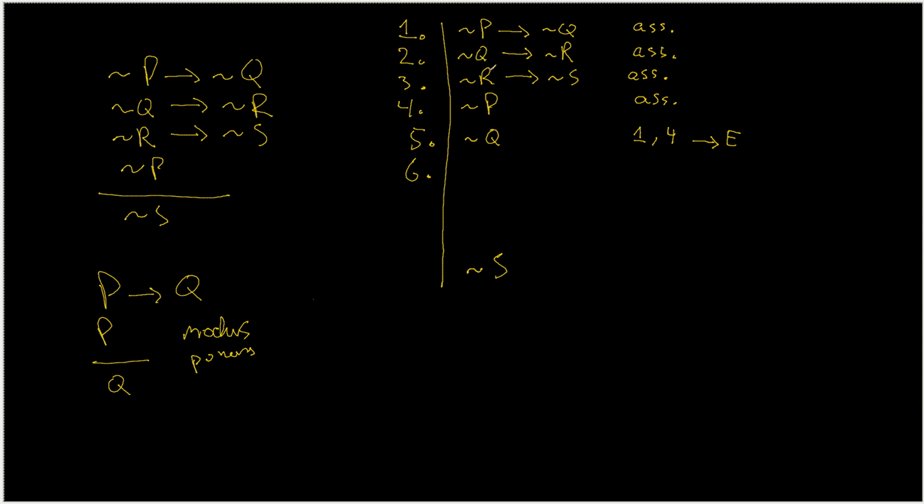We'll be eliminating a conditional statement and conclude that we have not R. Because remember, if you have the conditional and the antecedent, you can conclude the consequent. So basically we're just repeating what we did, but with different lines, namely now we're looking at lines 2, that one, and 5, that one, and we eliminate the conditional statement. Alright, almost there.